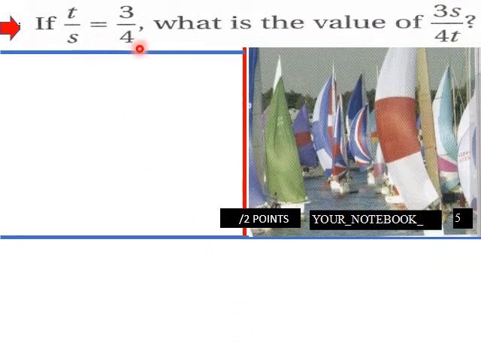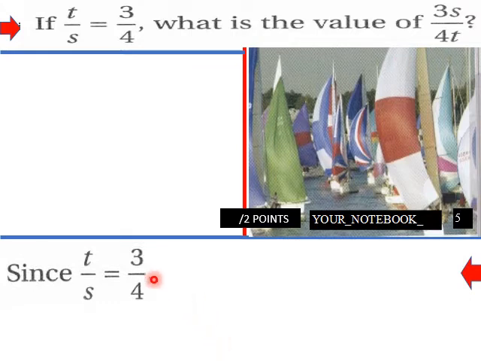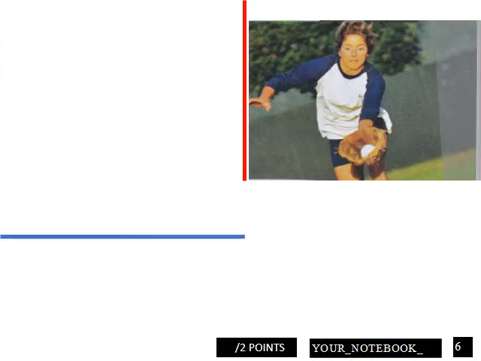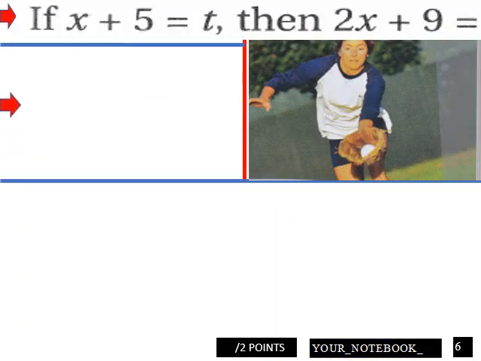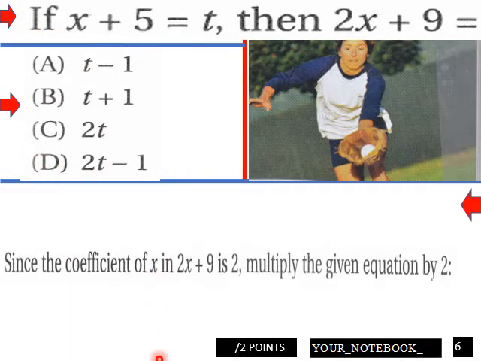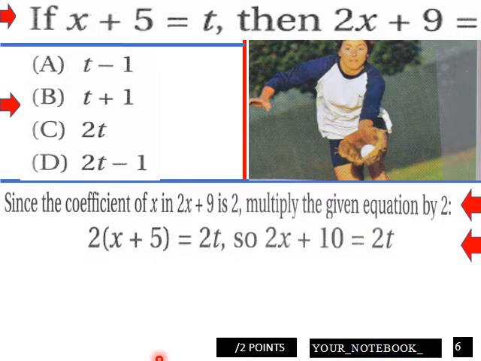If t over s equals 3 over 4, what is the value of 3s over 4t? Since t over s equals 3 over 4, 3s equals 4t, so 3s over 4t equals 1. Next: if x plus 5 equals t, then 2x plus 9 equals what? Here are our solutions. Since the coefficient is 2, multiply the given equation by 2, so you multiply through by 2.